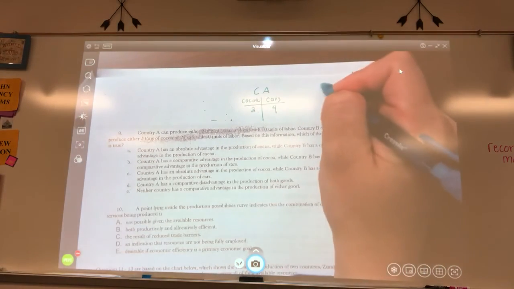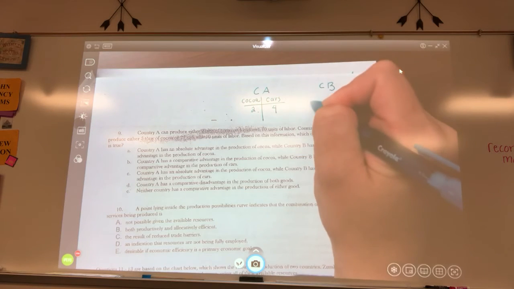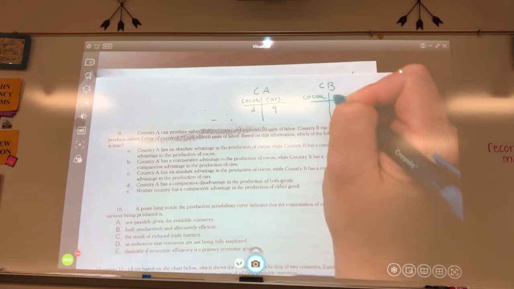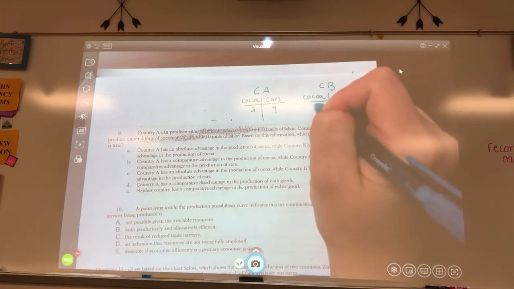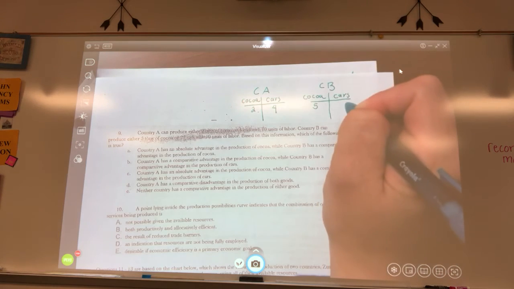Country B, so I'm going to set up another little chart. Country B can produce 5 tons of cocoa and 25 cars with 10 units of labor.